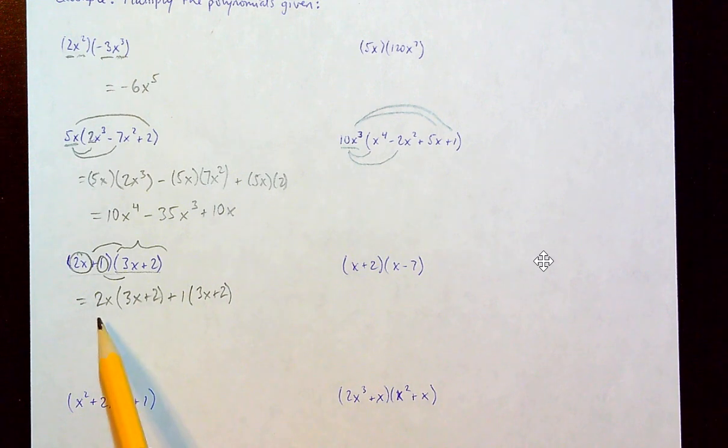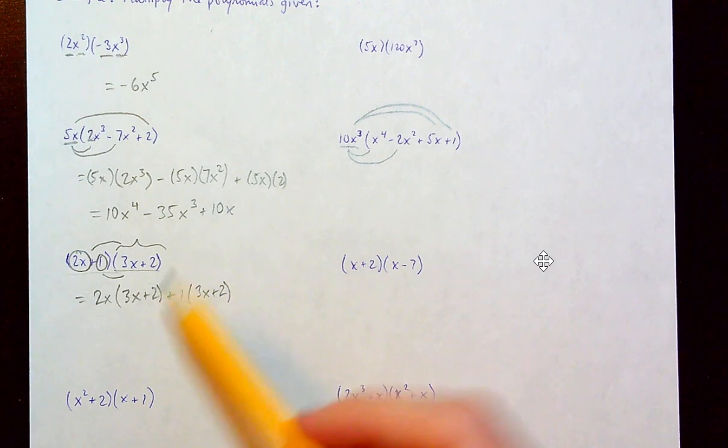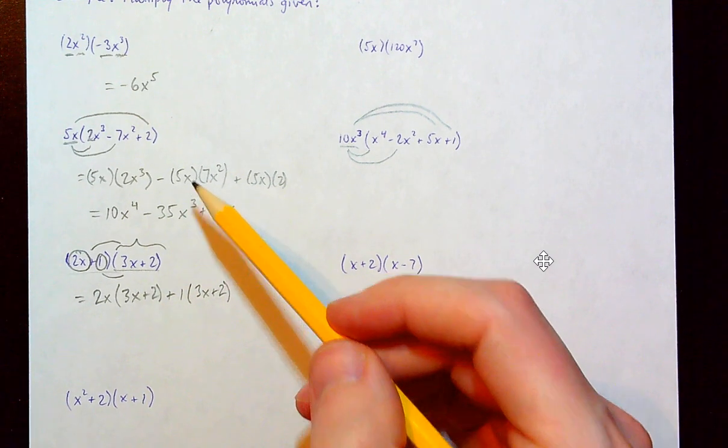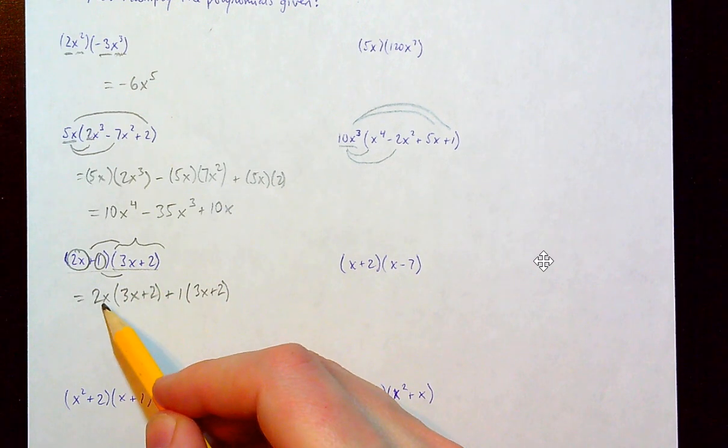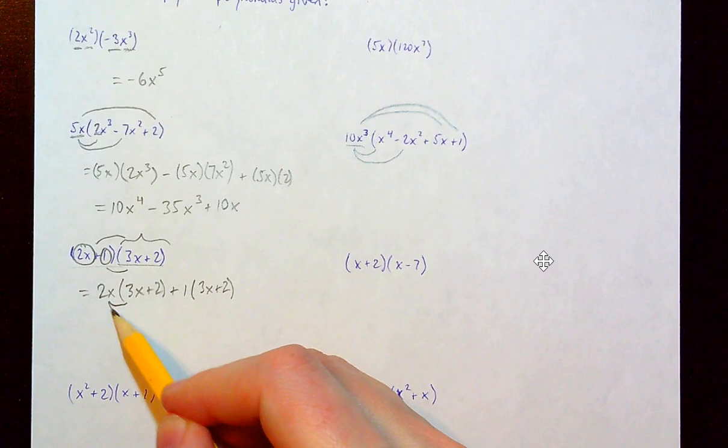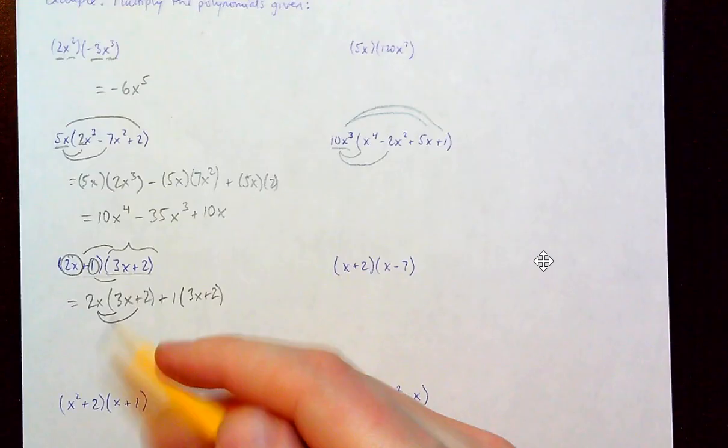So I have the 2x times the 3x plus 2 plus the 1 times the 3x plus 2. And now we're just going to do just like we did in the problem up here. I'm going to take this thing that I have out front and distribute it to each thing in here.